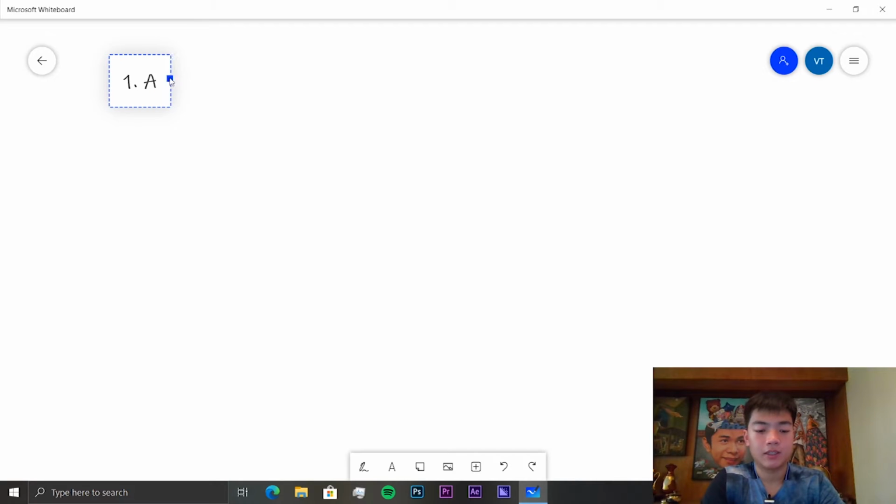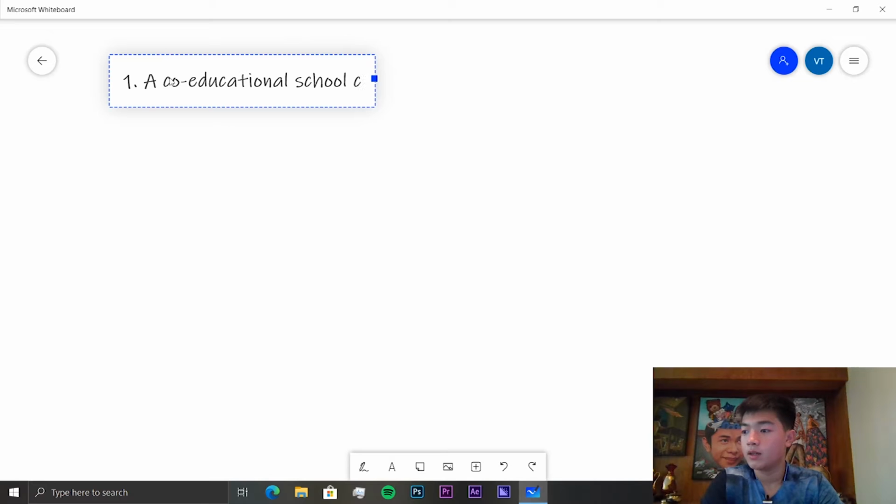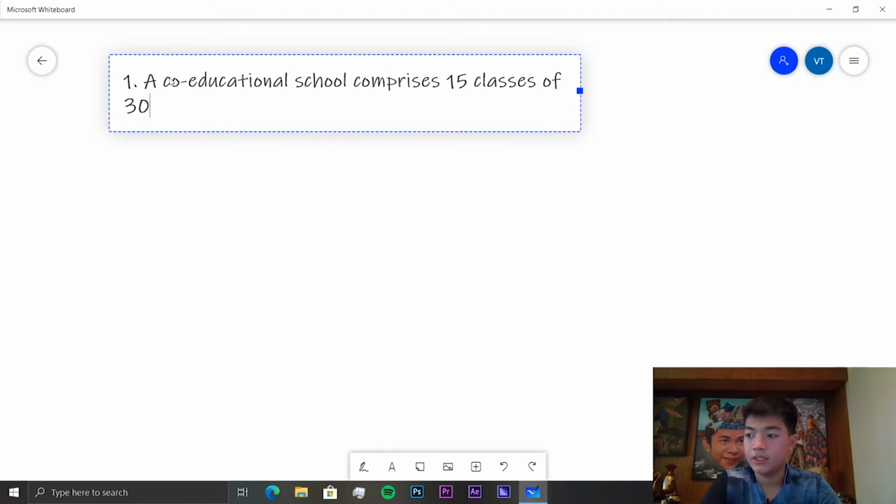So first, a co-educational school comprises 15 classes of 30 students, MYP 1 to 5, and 150 DP students.